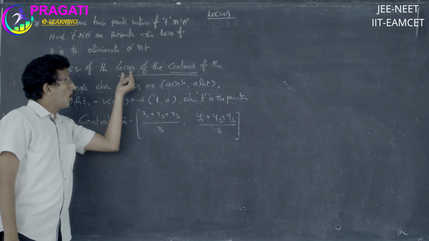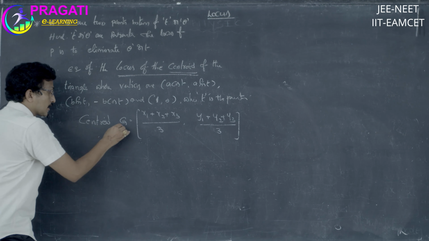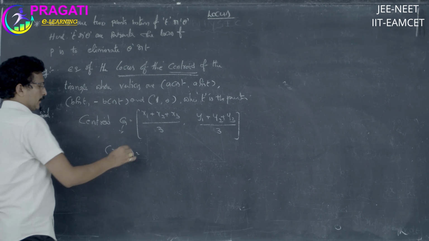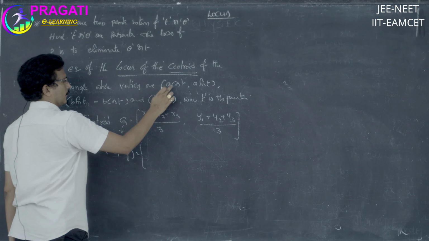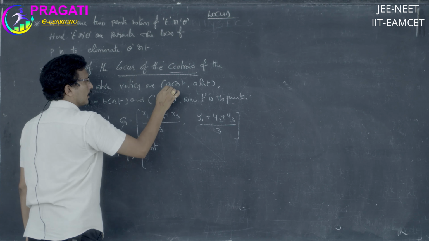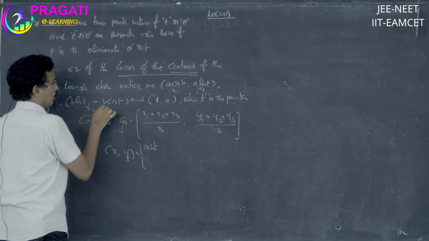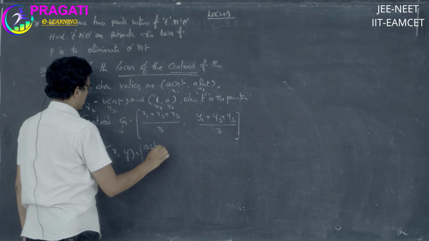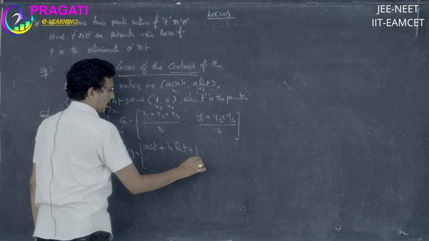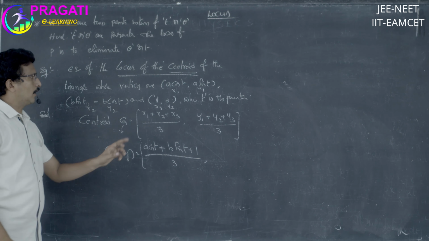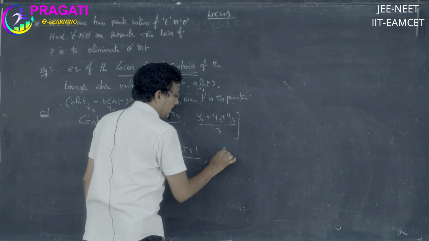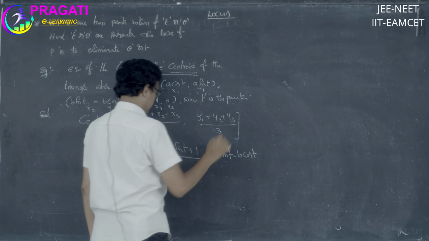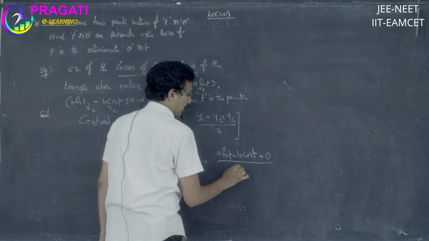Here, any point on the locus of the centroid is denoted by x comma y is equal to, here x1 means a cos t, with points x1 y1, x2 y2, x3 y3. x1 means a cos t, x2 means b sin t, x3 is 1, by 3, comma y1 means a sin t, y2 means minus b cos t, plus 0 by 3.